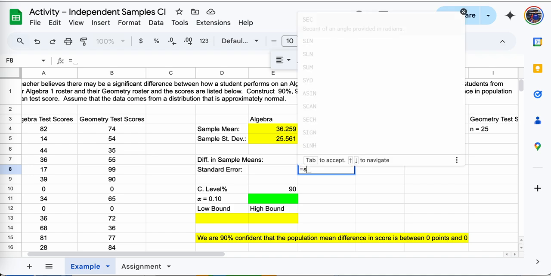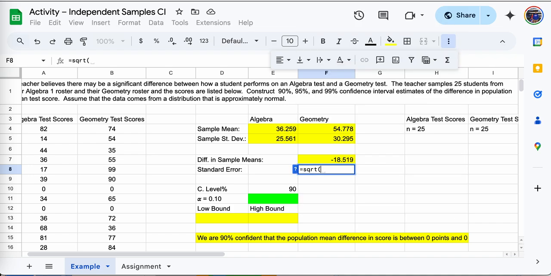So equals, we're going to start with a square root. We're going to take this sample standard deviation, and we're going to square it and divide it by the number of elements in that column. So equals this squared divided by 25.